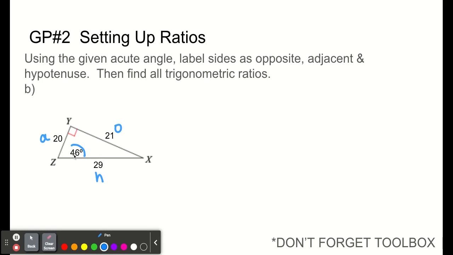So to write our ratios, the sine of 46, that's the SOH, sine is equal to opposite over hypotenuse. The cosine, that's CAH, so CA, adjacent over H, the hypotenuse.